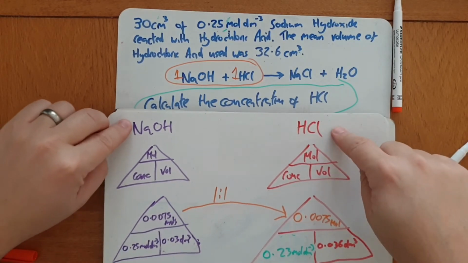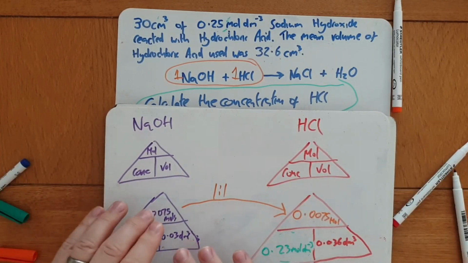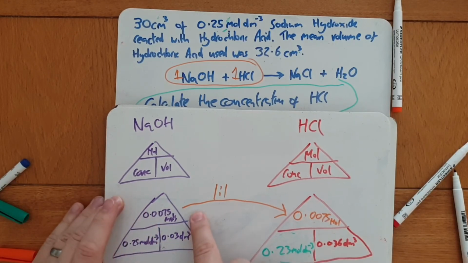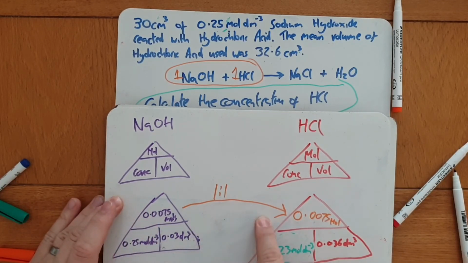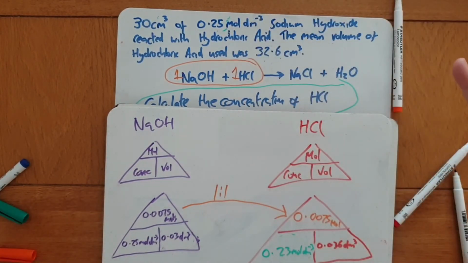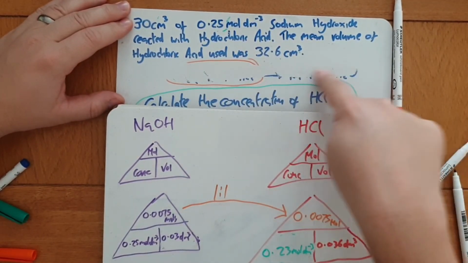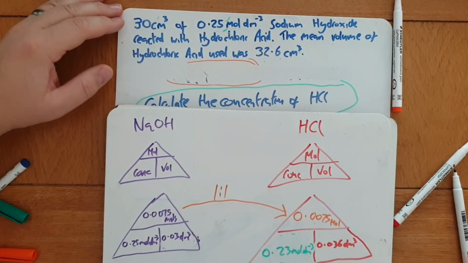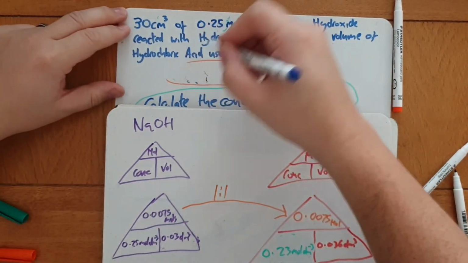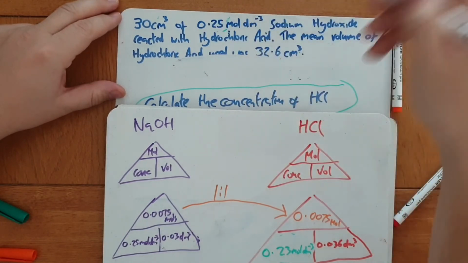Put your 2 reactants up here, put the triangles, write in the bits you know about each one, and then this is the key bit, this orange thing here, that tells you the ratio. If, for argument's sake, and I'm just going to use a totally separate equation now, let's say we were dealing with sulfuric acid, and it's normally either hydrochloric acid or sulfuric acid.